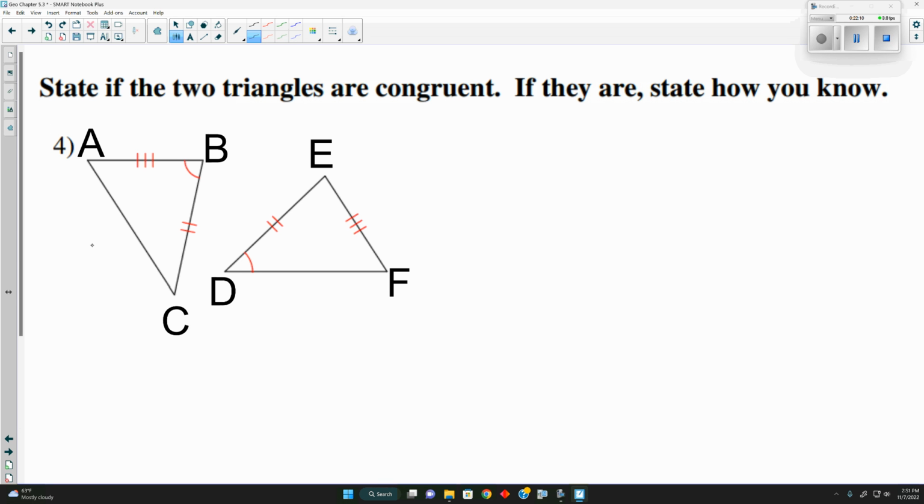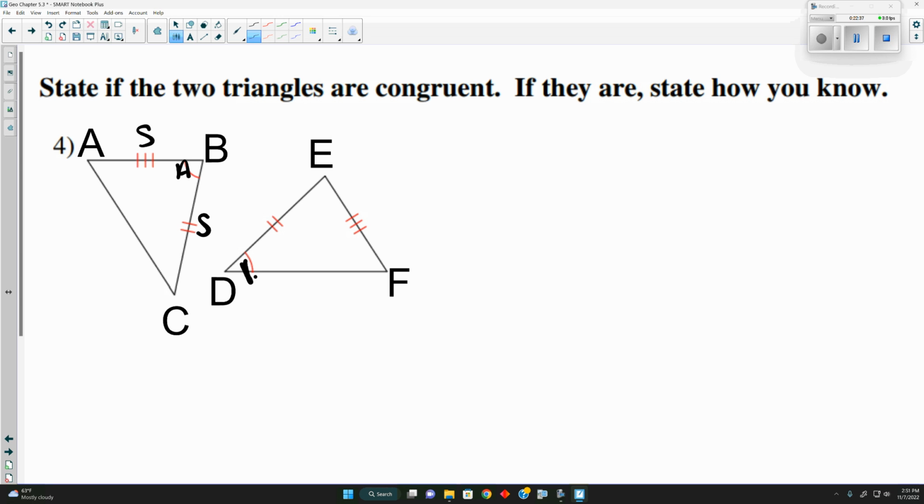So this one here, we need to determine whether we can say that these two triangles are congruent. Do we have two sets of congruent sides? Do we have an included angle? No, they don't. Here, angle B is between the two sides, yes? The congruent angle here is D. Is it between the two sides? So here we have side, angle, side.